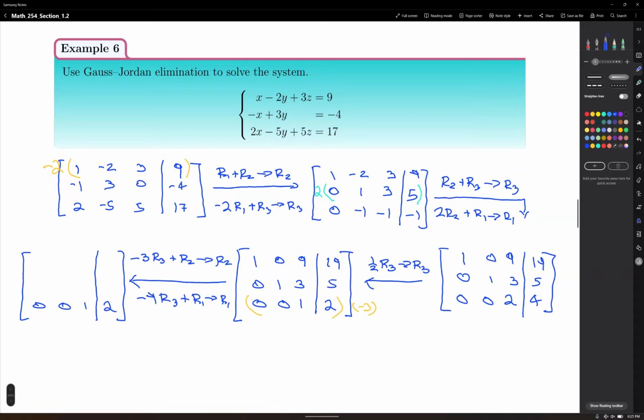Here we go. -3 times 0 is 0 plus 0 equals 0. -3 times 0 equals 0 plus 1 equals 1. -3 times 2 equals -6 plus 5. Is that equal to -1? Oh, I forgot the 0. -3 times 1, that's a -3 plus 3 equals 0 here. So we're done with the second row.